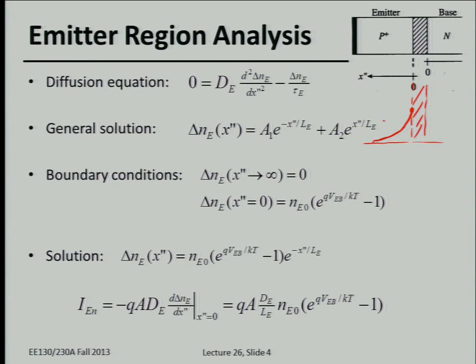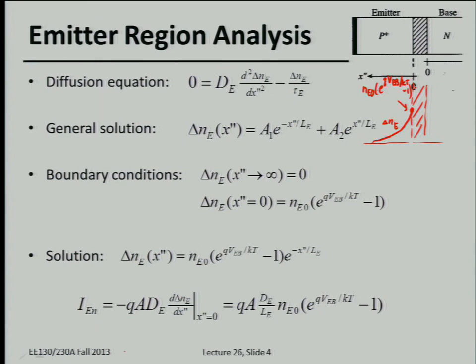This is the excess electron concentration in the emitter. What is the value right here? It's the equilibrium concentration NE naught times e to the QV_EB over KT minus 1, the standard exponential enhancement factor.